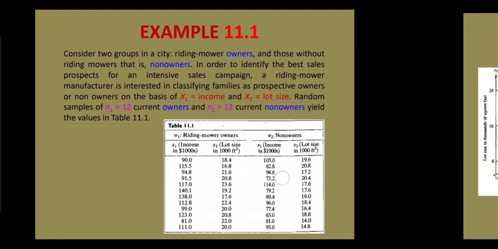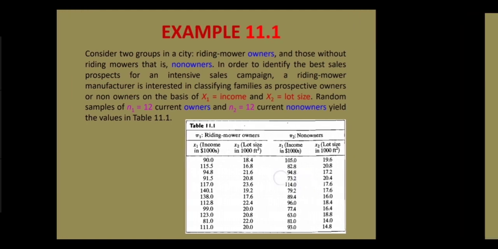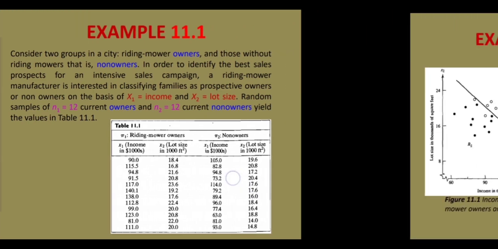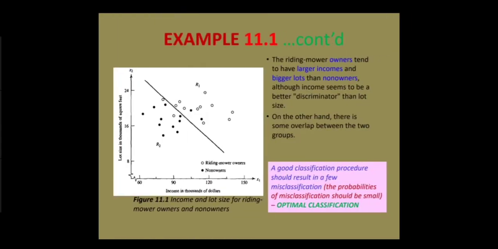Okay, alright, so we can explain the data here, or explain the discrimination and classification, according to figure 11.1, which constructs the scatter plot of x1 versus x2, because we have two variables here, income versus lot size.